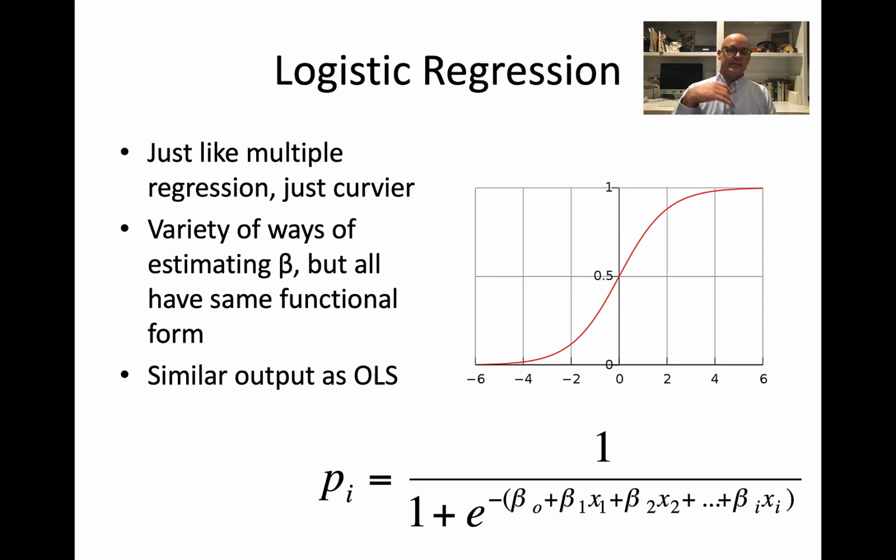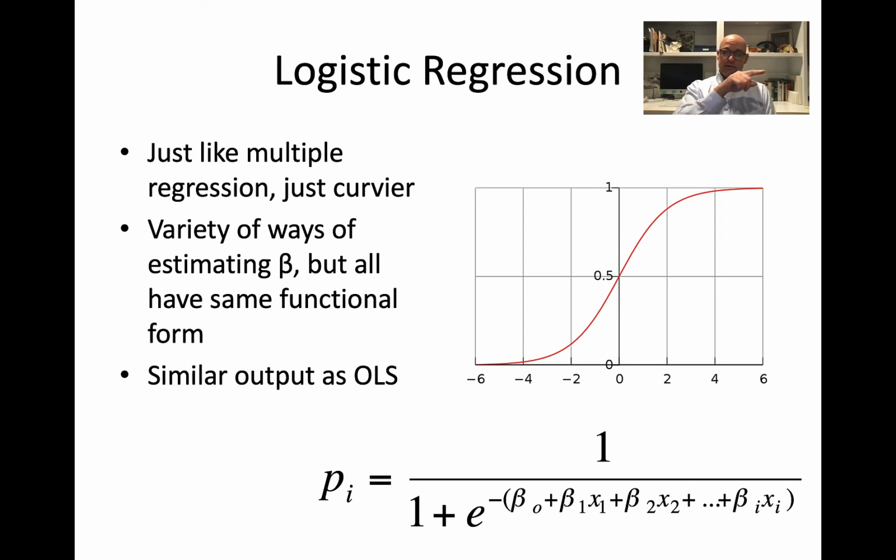There's a variety of ways of estimating this parameter b, but they all have the same functional form. In other words, instead of straight, it's this little curve. And it has really similar output to OLS. Now the way to estimate that, you should look this up in the PowerPoints, is remember how we had y equals mx plus b in the multiple regression.